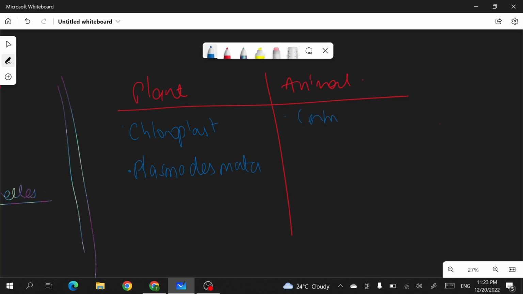Plant cells do not have centrioles, and they also have the large central vacuole. You also have amyloblasts. This has not been mentioned in the book, but I've seen questions asking what is where starch is stored, and they expect students to answer amyloblast. It is just where starch is stored, in case you're wondering.